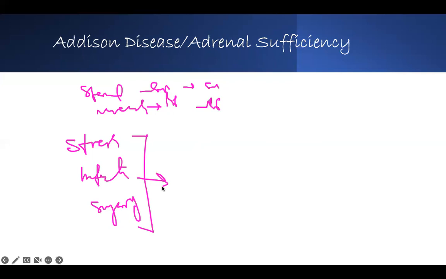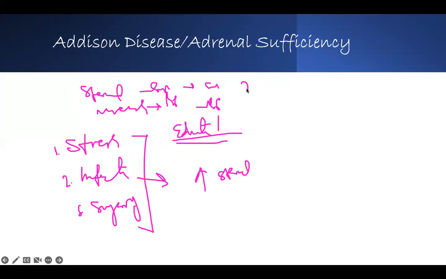So adrenal insufficiency patients in times of stress, infection or surgery, you educate them. Educating and teaching, expect this to be a SATA question. In this stressful situation, infection or surgery, increase your steroids.